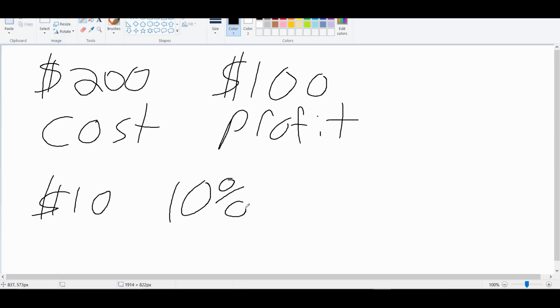So after 10 clicks, you get one customer, they pay you $200, and you make $100 profit. But obviously, if you're paying for 10 clicks at $10 per click, you paid $100 to acquire that customer. So you're basically breaking even.